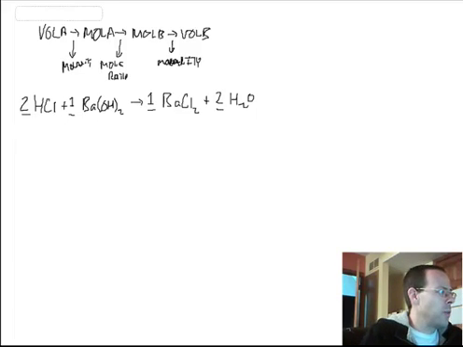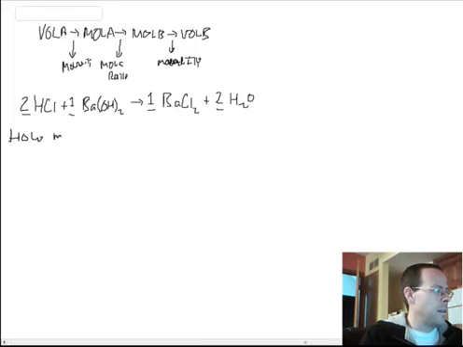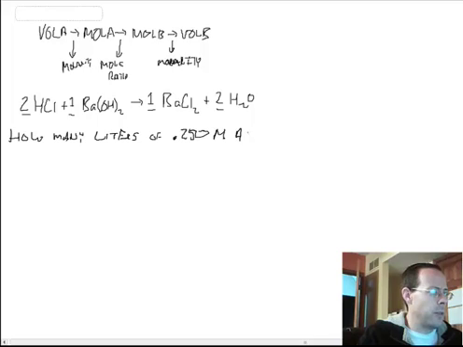Alright, so here's the way a question might be asked. How many liters of, and I just need to make up a concentration, so let's say 0.250 molar acid, really we're talking about hydrochloric acid, are required, and whenever we mix an acid and base we call it neutralize.